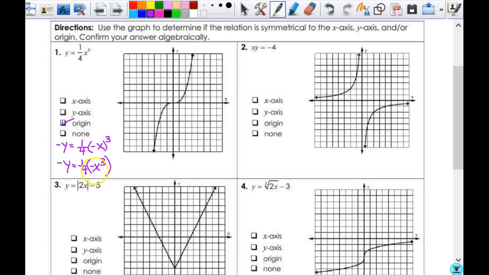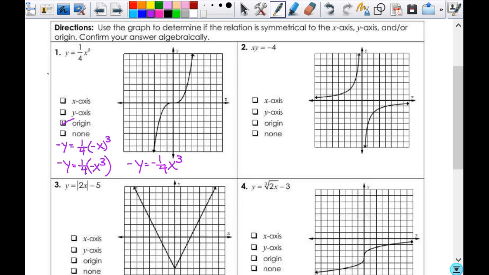But since these two things are being multiplied together, can't I just pull that negative out front? So now I have negative y equals negative 1/4 x cubed. Now, does this look identical to this? No, but is it the same? Yes, why? Okay, because I could divide everything or multiply, however you want to think about it, by -1, right?